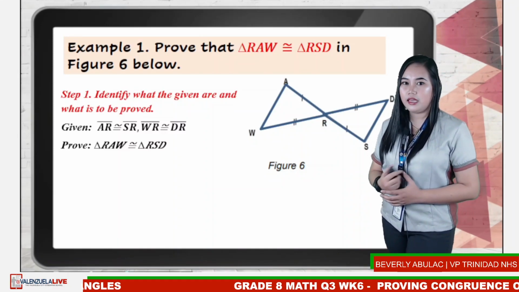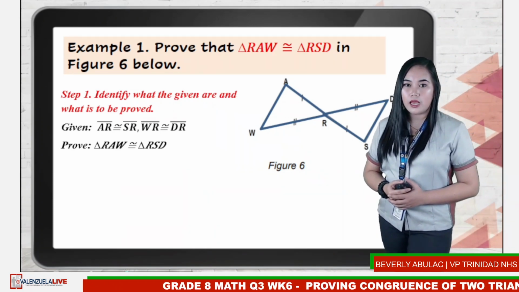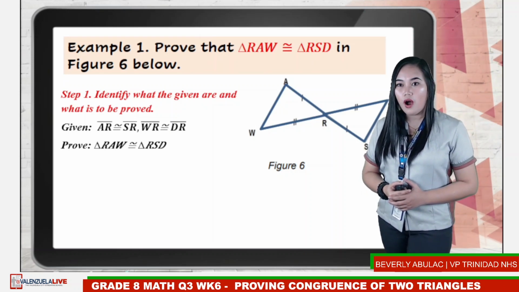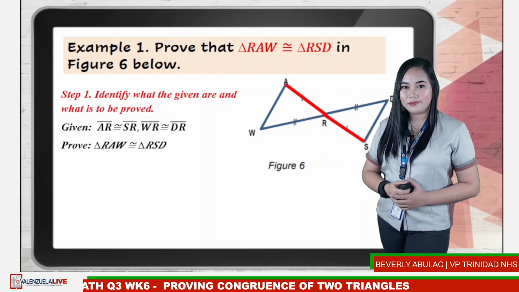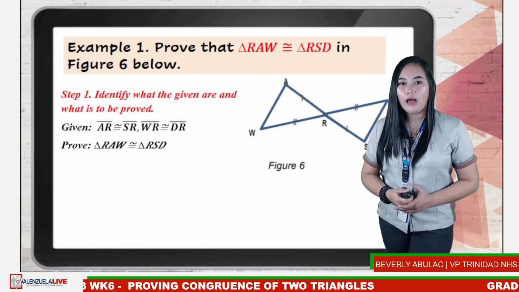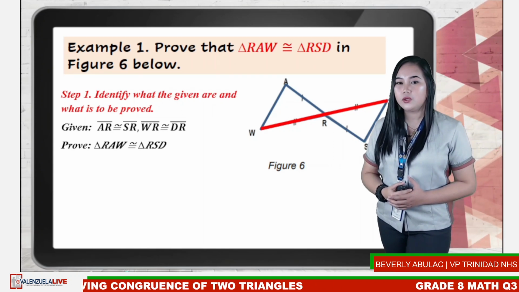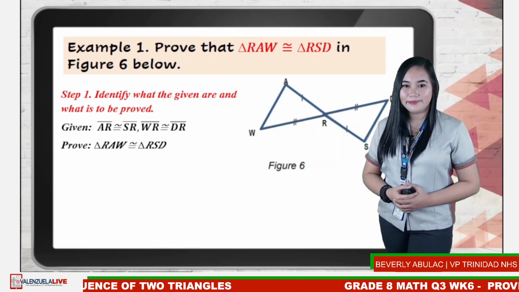Our given here is segment AR is congruent to segment SR, and segment WR is congruent to segment DR. Now, we have to prove that triangle RAW is congruent to triangle RSD.